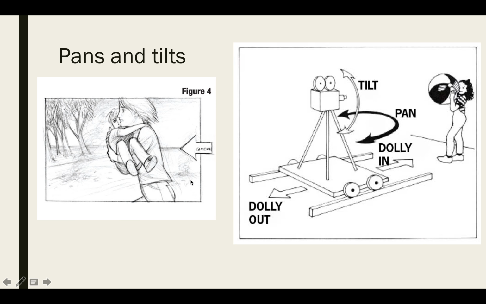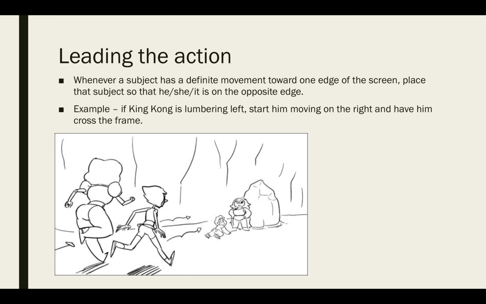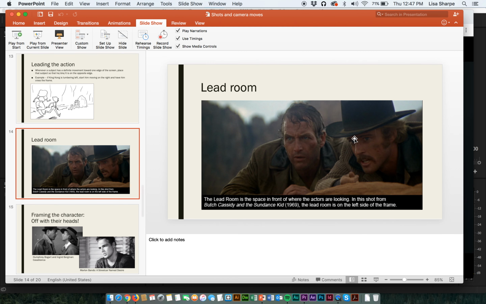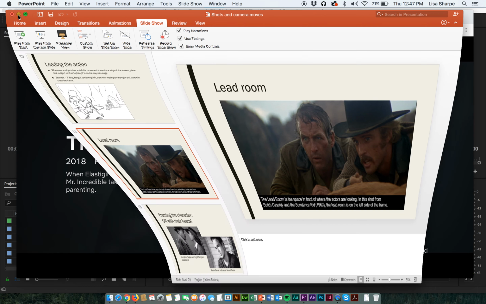Okay, so now we didn't talk last time about camera movement. Guys, you're doing a mobile phone film. Probably you aren't going to have a lot of camera movement. But I will point it out when we look at our example film, which is from The Incredibles, or actually Incredibles 2.